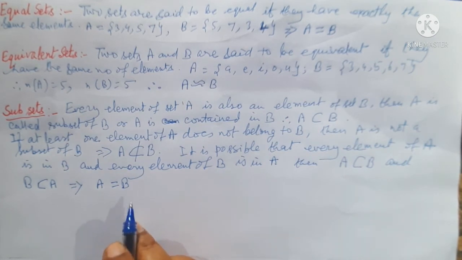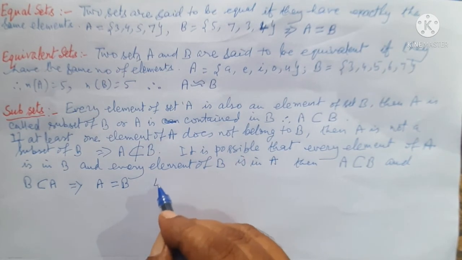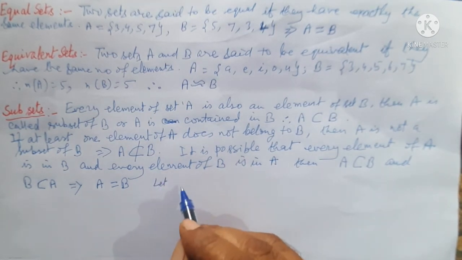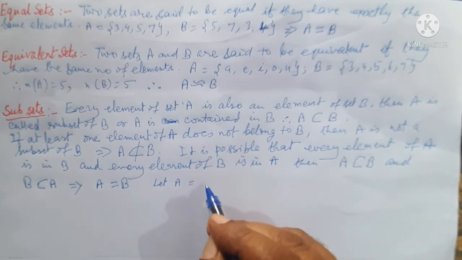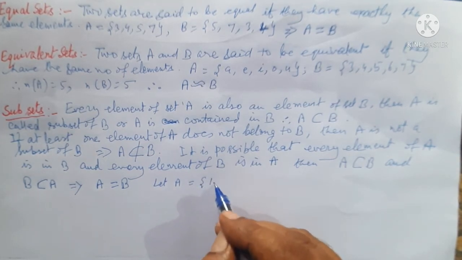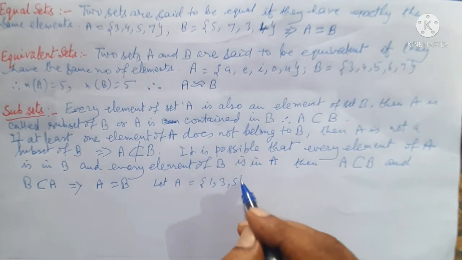Let us see an example. Let A be the set having elements 1, 3, 5.